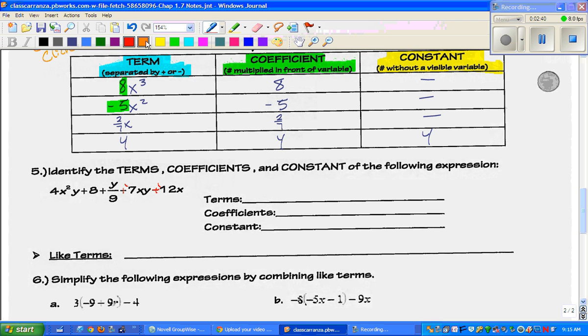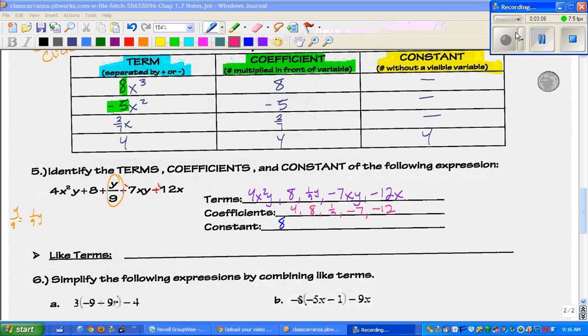Now the only one that's a little tricky is y over 9. Y over 9 is the same thing as 1/9 y. So there's your little hint. Why don't you go ahead and pause the video, try to figure out the terms, coefficients, and the constant, and I will have the answers up in just a second. And there you go. How'd you guys do?